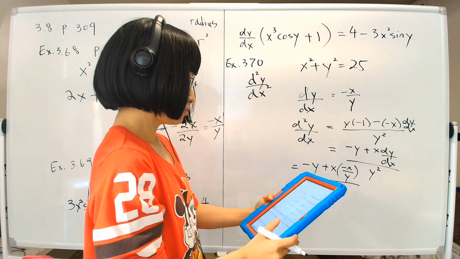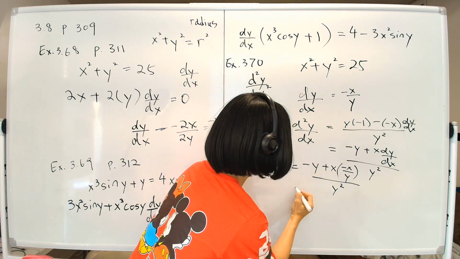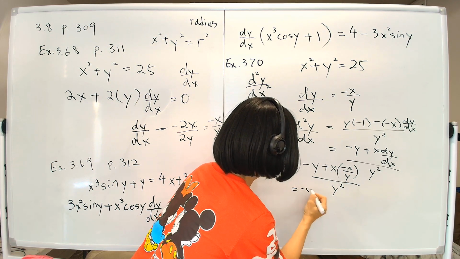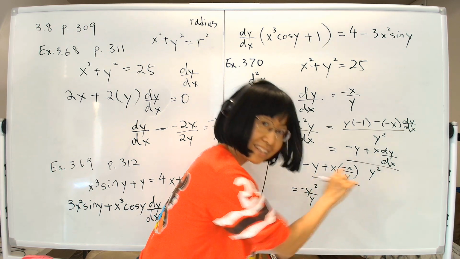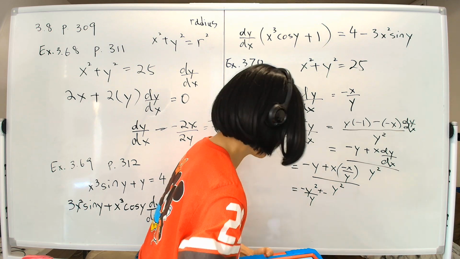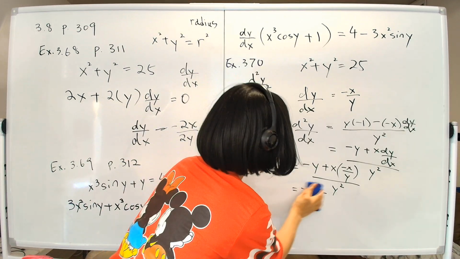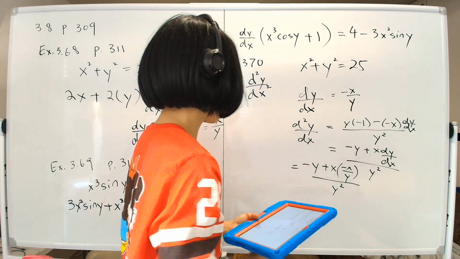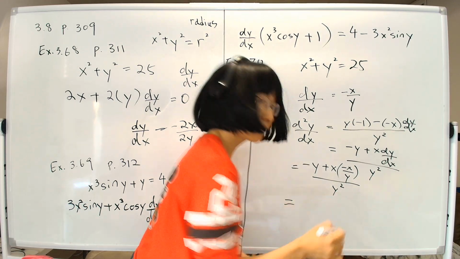Okay, now to do fractions, that equals minus y squared over y. We'll get the common denominator, plus minus... oops, I'm too cramped. Let me move this and write it a little lower. So we have a common denominator.